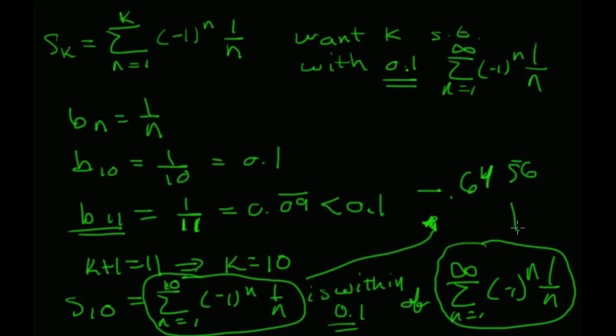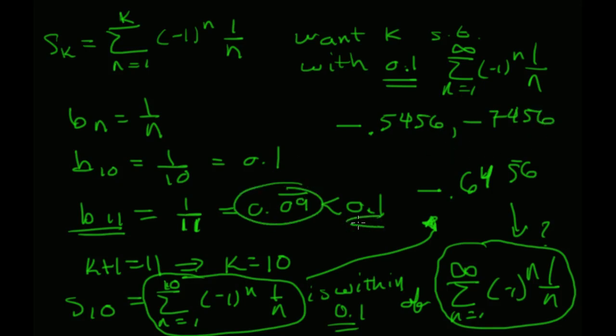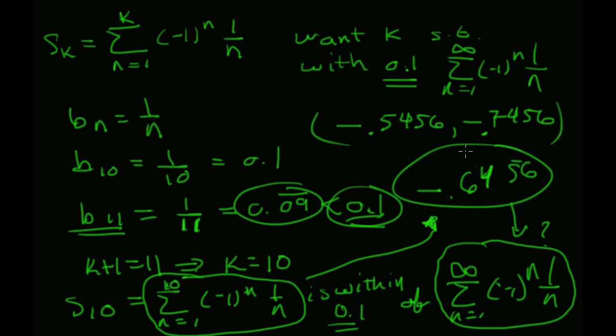Now, I don't know what the infinite sum is, but I know that it's between -0.5456 and -0.7456, because it's bound by something that's less than 0.1. So the difference between this and this has to be less than that, and I know that this is this. So now I have a pretty tight range of values for what this actually is.